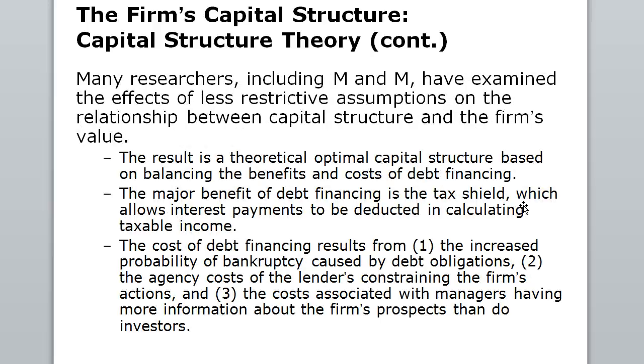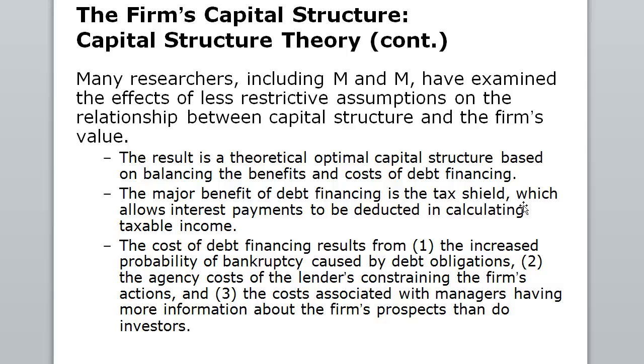Now, if you look at the effects of restrictive assumptions on the relationship between capital structure and the firm's value, first we have to understand what restrictive assumptions are. The optimal capital structure results from the balance between the benefits and costs of debt financing. A major benefit of debt financing is the tax shield, so we get to lower our taxes, or not pay tax, on the interest payments.